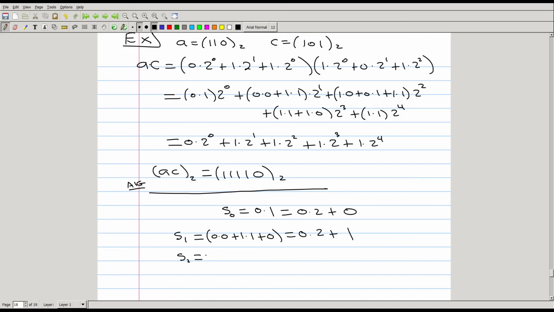And then S2 is going to be equal to 0 times 1, sorry, 0 times the second expansion digit in C, so it's 0 times 1, plus 1 times 0, the first in each of them, plus the second in A and the first in C, which is 1 times 1, plus the remainder term in the previous step, which is just going to be 1 again. So this is 0 times 2 plus 1.